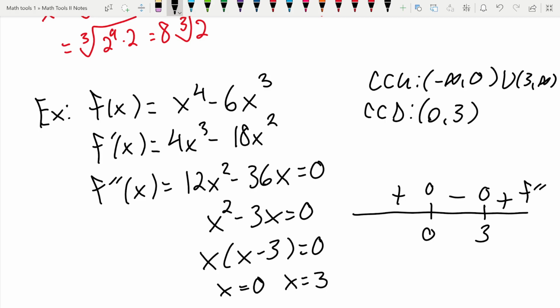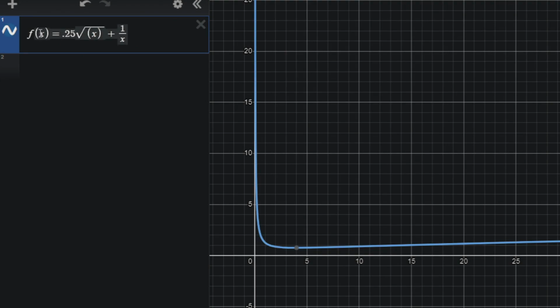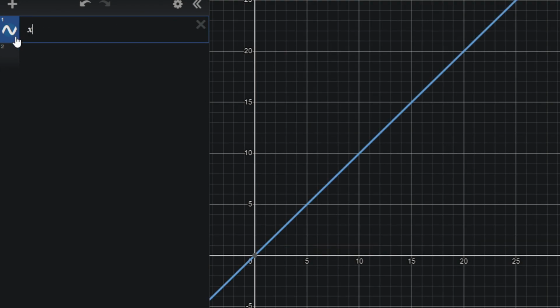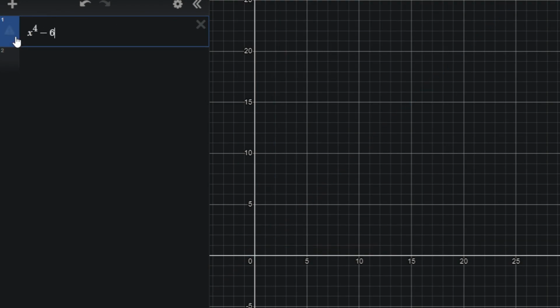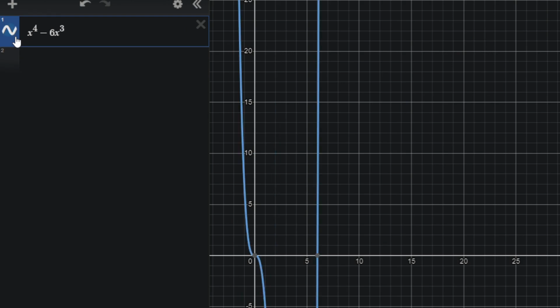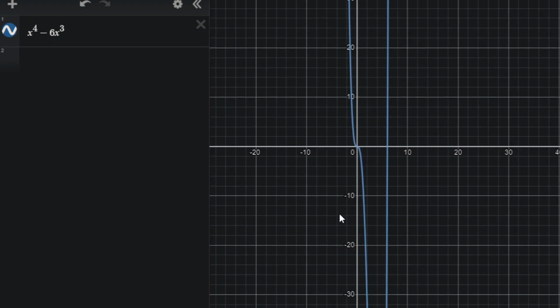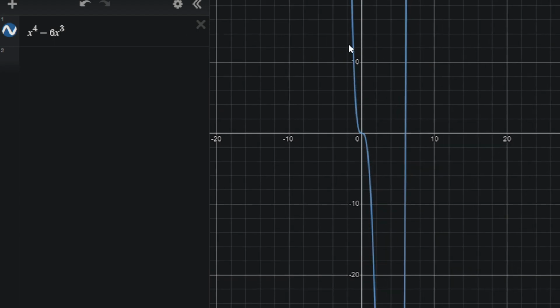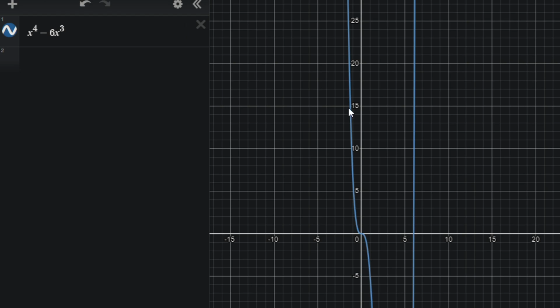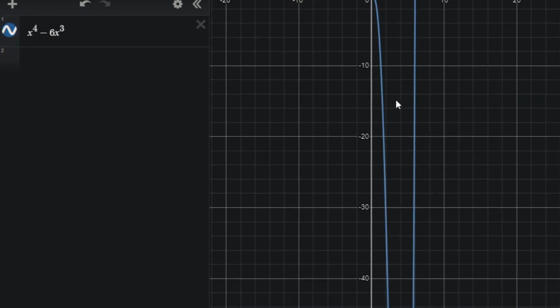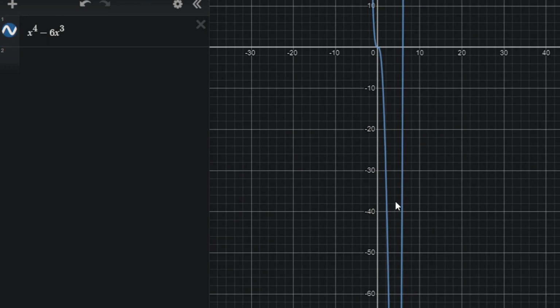So if we throw that on the graph, x to the fourth minus 6x cubed, then we can kind of see that right here. Okay, so it's concave up until 0, and then it's concave down until on the x-axis it was until 3.